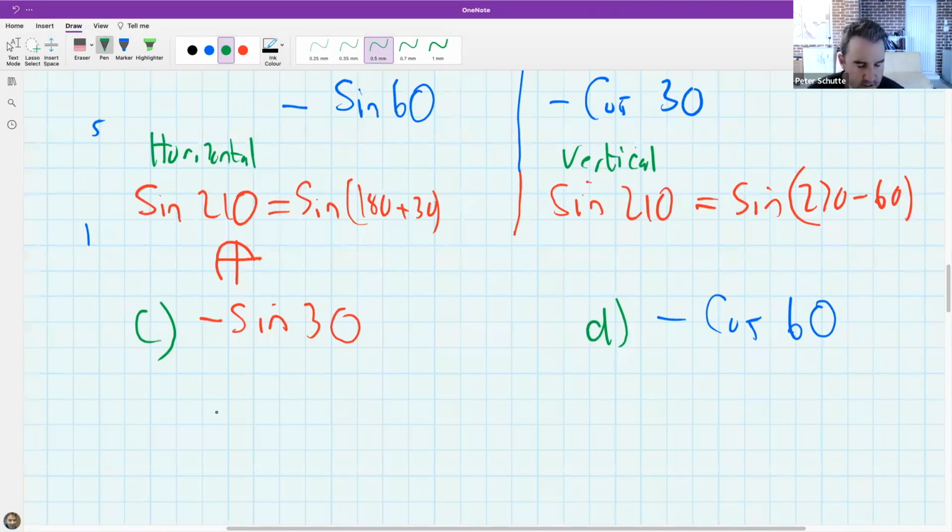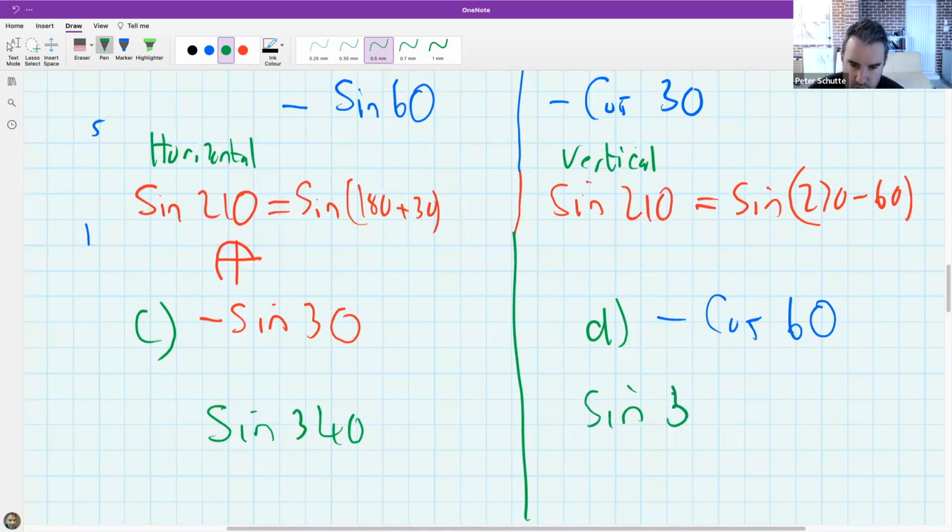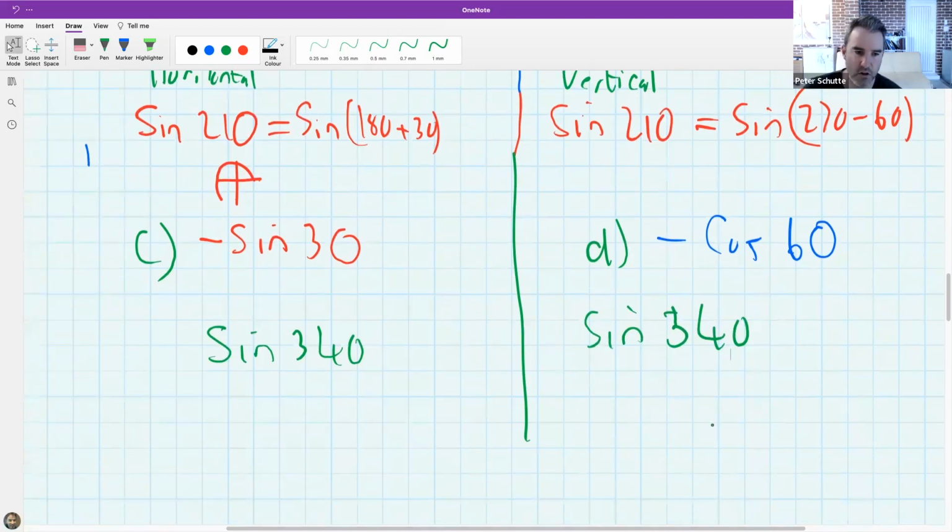So let's do, what is the sine of 340 reduced using the nearest horizontal, and what is the sine of 340 reduced using the nearest vertical axis? See if you can do these two.